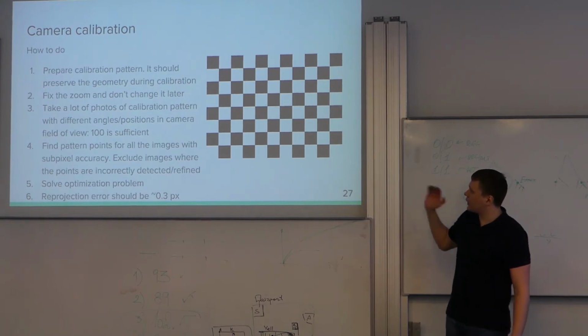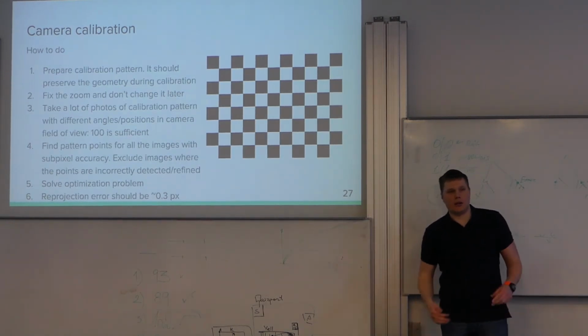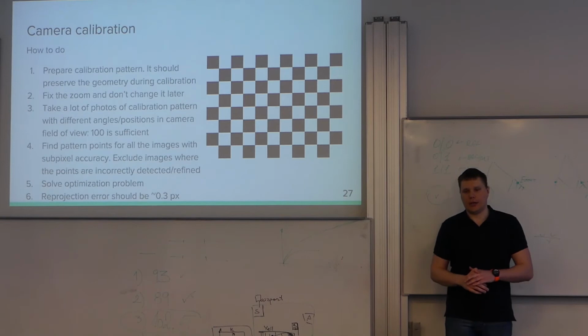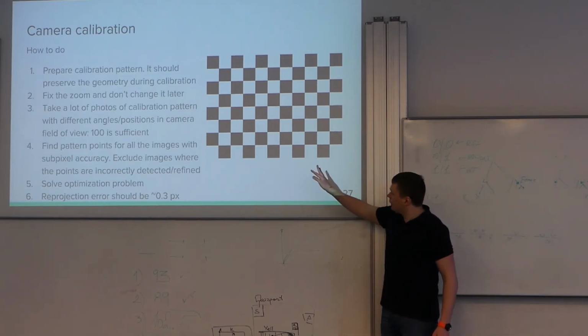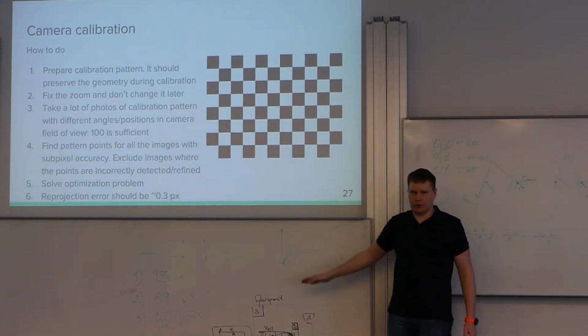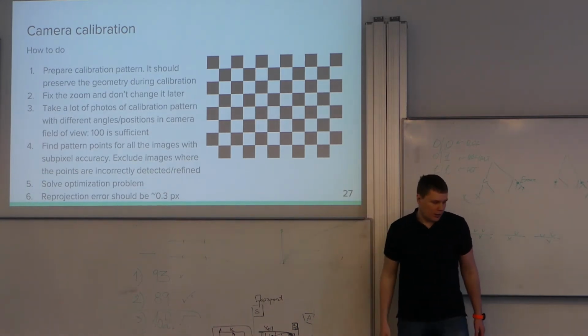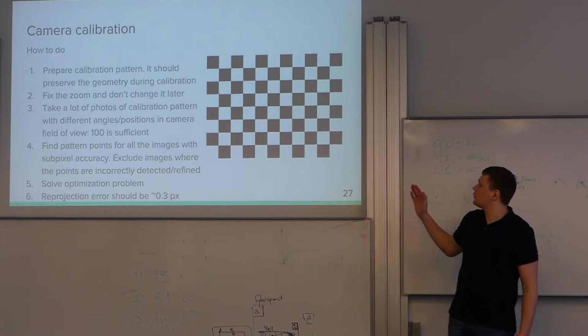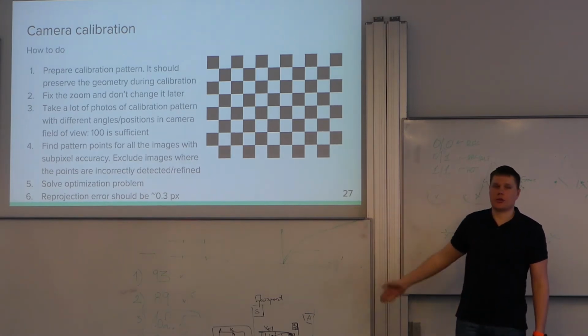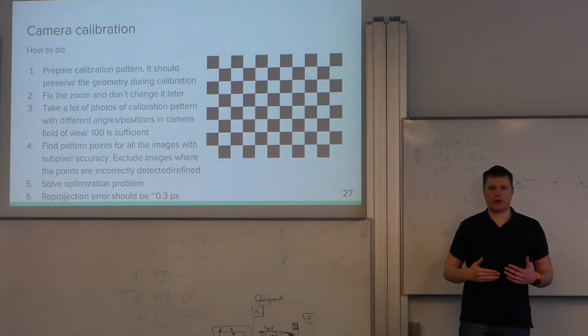Firstly, we need to prepare a calibration pattern. OpenCV supports a lot of calibration patterns, and they look something like this. It's actually a planar object with known geometry, and it's very important for the object to preserve its geometry.